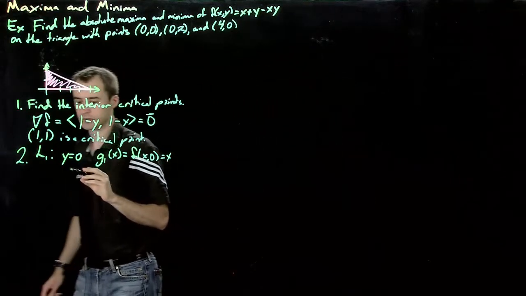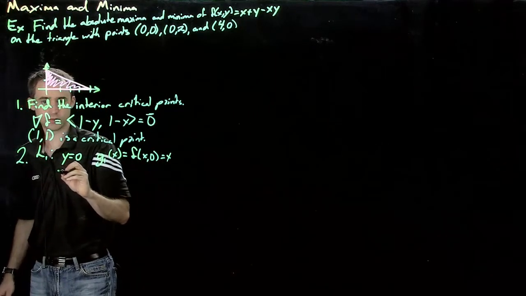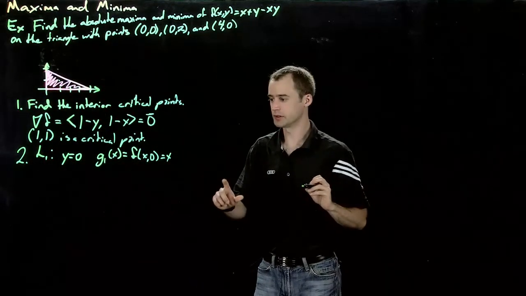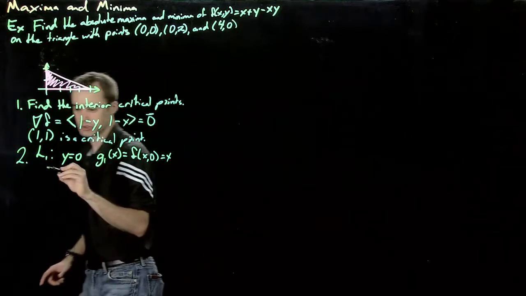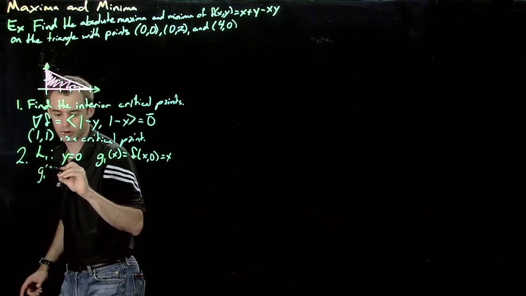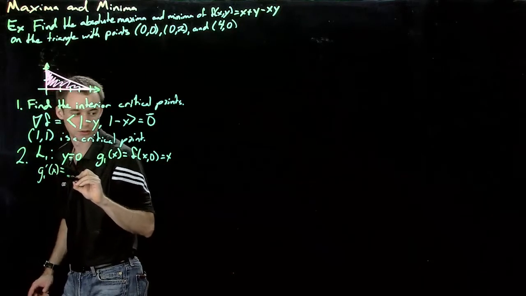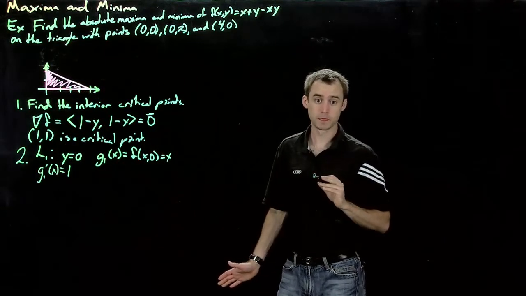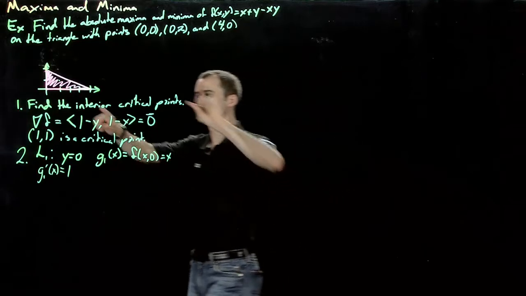So now, to find the critical points, we need to take the derivative. So g1 prime of x, well, this is just 1. So it's never equal to 0. So the only points that we have to check are the 2 endpoints.